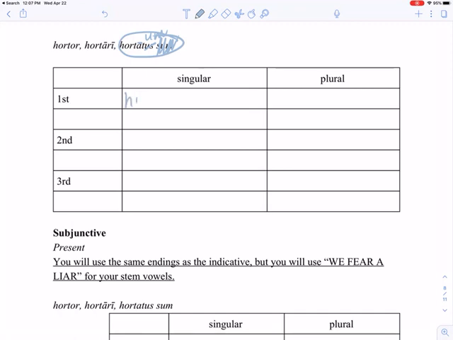So I'm going to go back through. I'm going to put my stems. Now, to make it plural, remember we're dropping the um over on the singular side and changing it to the a. So now that'll be hortata, which sounds a little bit like matata.